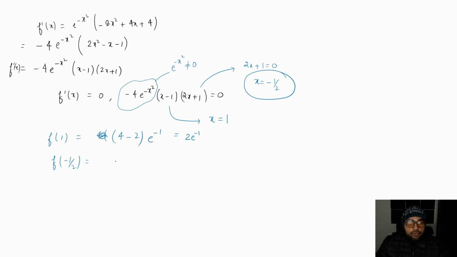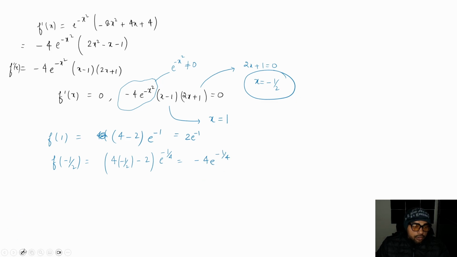For the functional value at negative 1 by 2, what we'll get: 4 times negative 1 by 2, that is negative 2, e raised to the power negative 1 by 2 whole square, which will be 1 by 4. So that will be equal to negative 4 e raised to the power negative 1 by 4. This is the value.